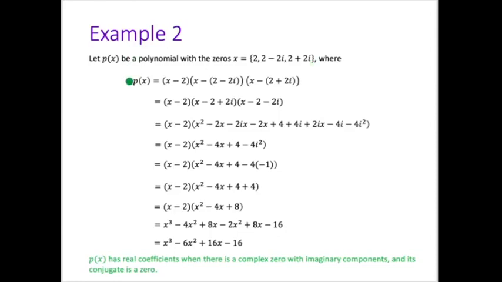When we expand our polynomial, you can pause your video and read through the math. But as we expand, the imaginary components are going to disappear. In this final step we end up with x cubed minus 6x squared plus 16x minus 16. So these are all real coefficients. We don't see i anywhere.